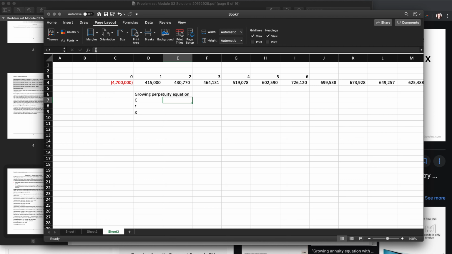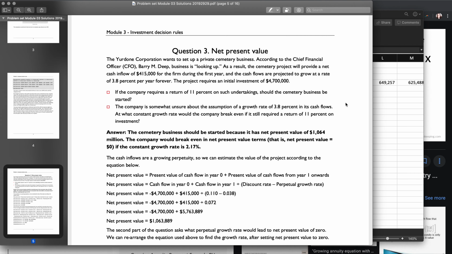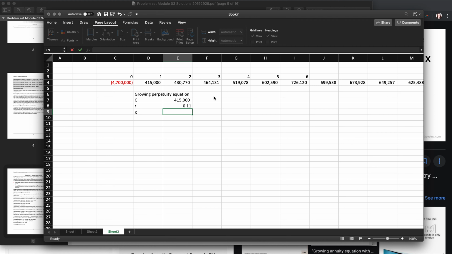So C is going to be this. R, based on the problem, is going to be 11%, so 0.11. G is going to be 0.038. And the present value of this perpetuity is going to be, let me put this in a decent format.